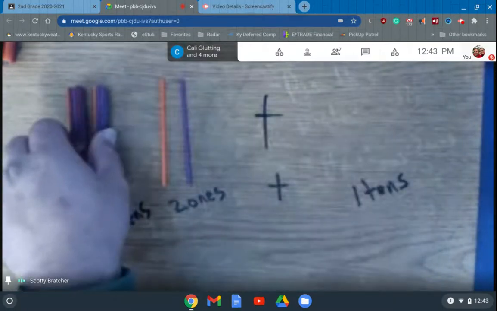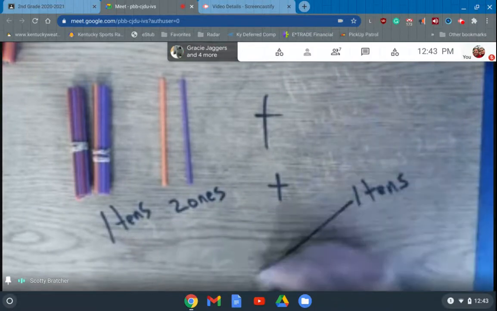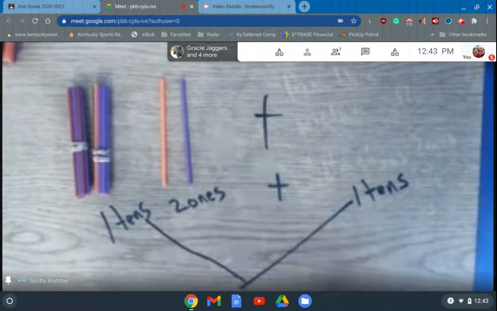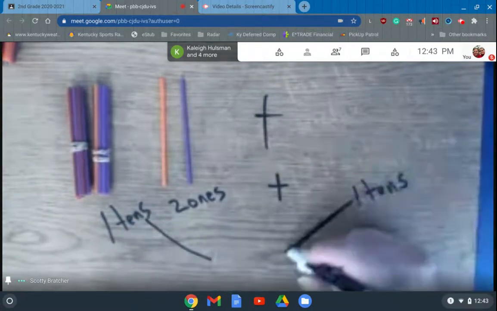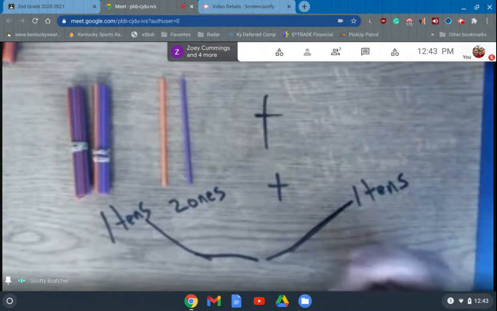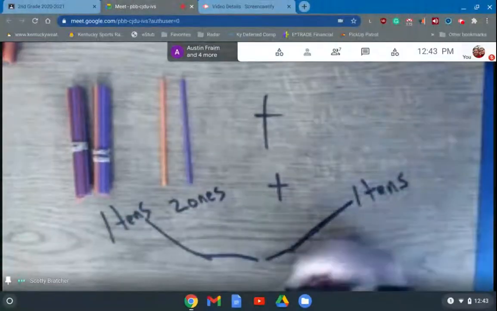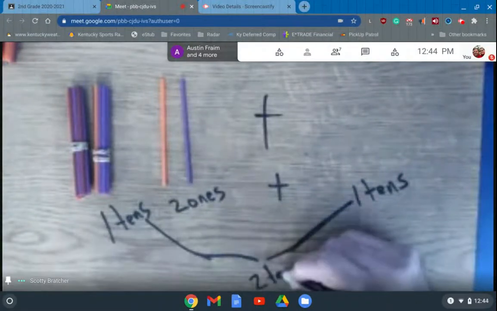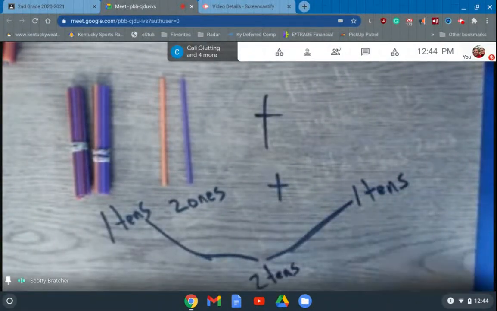Okay. So when I do that, I'm going to put them together, and I'm going to change that so it won't go off the screen for you. If I put a 1 ten and another ten together, it gives me 2 tens. And then what about the ones? They don't have anything to do with it.